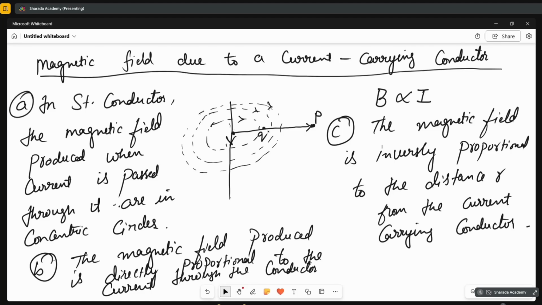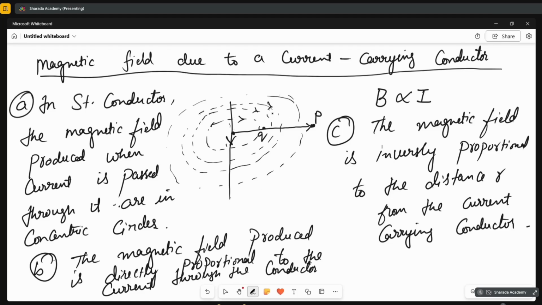If you go to a farther distance, the magnetic field is less. If you take the point nearer to the conductor, it will be more. So as it moves from the conductor, the magnetic field will be less.